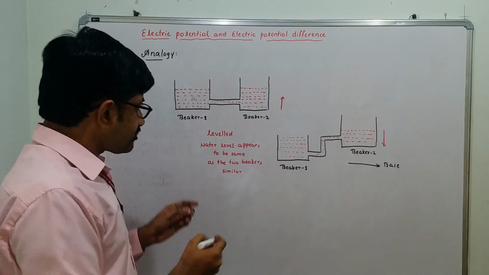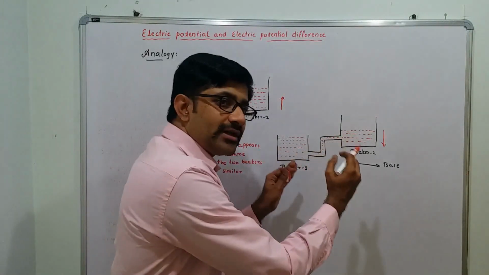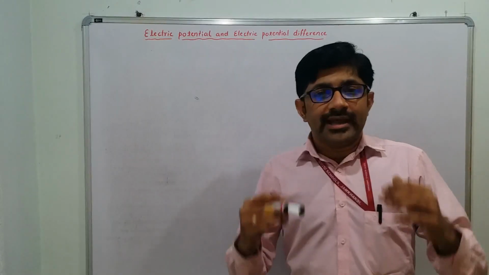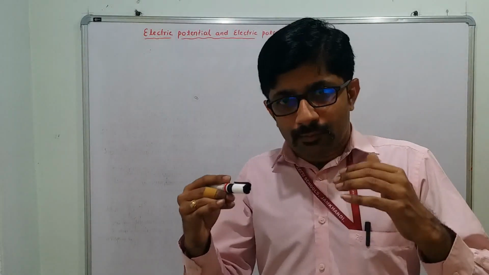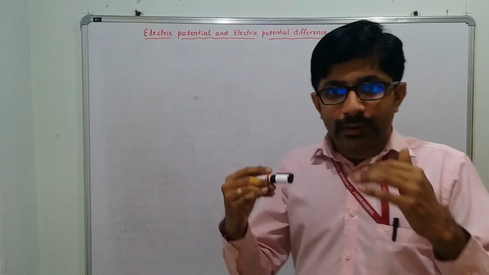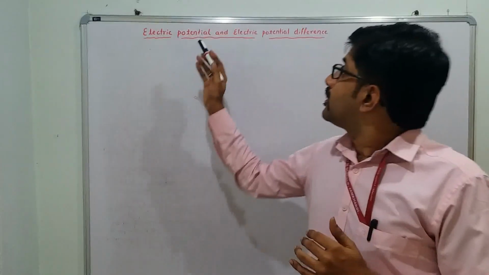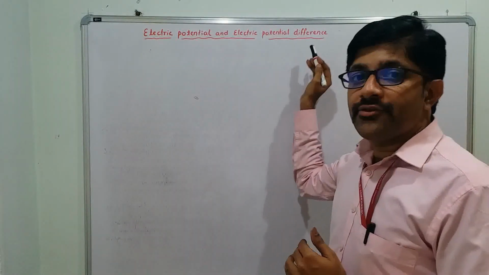So one has the potential and the other has a different potential, giving the potential difference. The analogy of two beakers containing water is used to understand the potential as well as the potential difference.